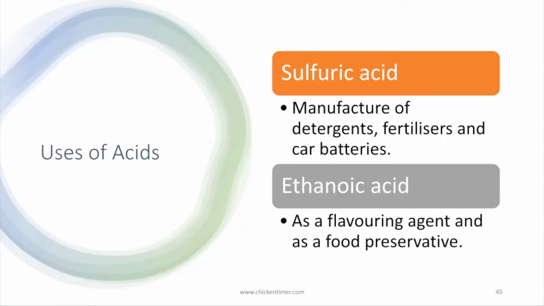Hydrochloric acid is found in your stomach juices. It's used to digest food. Then nitric acid, if I'm not wrong, is also used to make fertilizers. You can read up on this.